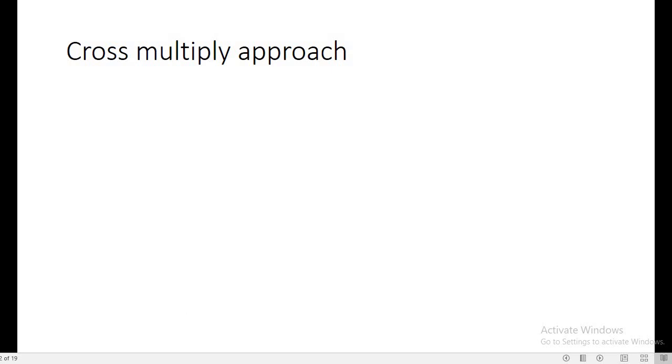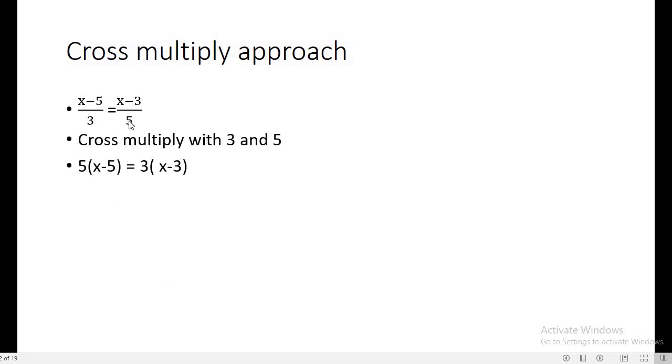Now we will discuss the cross multiply approach. Here we can see that it is not easy to separate the variables and constants. As there is a single denominator on each side, we will cross multiply 3 and 5.